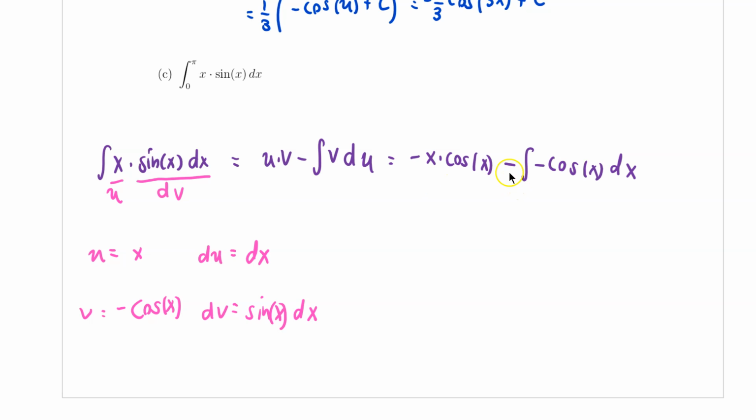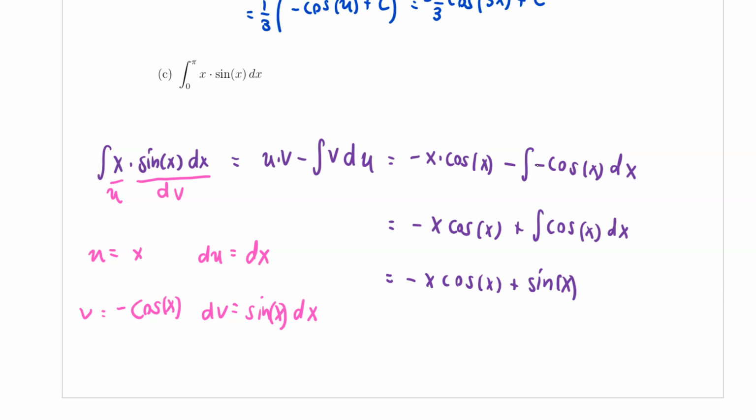So here, the two negative signs cancel out. I'm just going to be left with negative x cosine of x plus the integral of cosine of x. So the integral of cosine I knew how to find. So this is going to be negative x cosine of x. And then the integral of cosine is just going to be a sine function. Okay, so this is my integral.